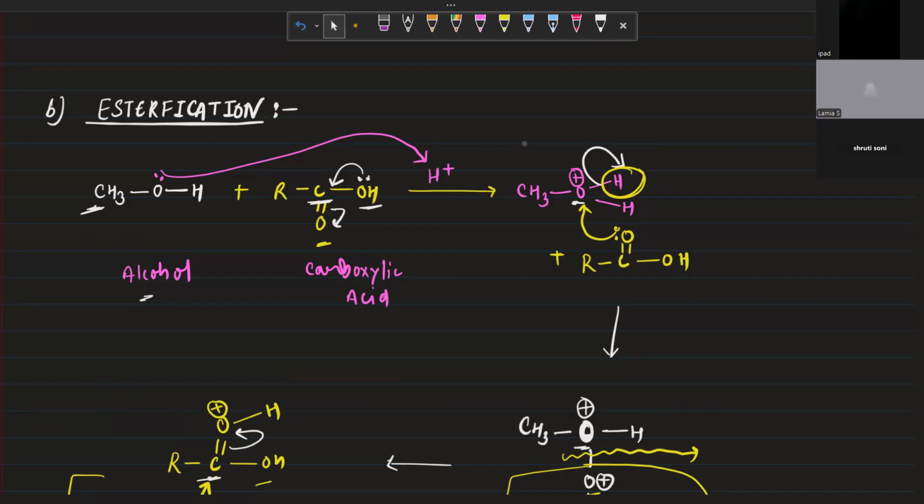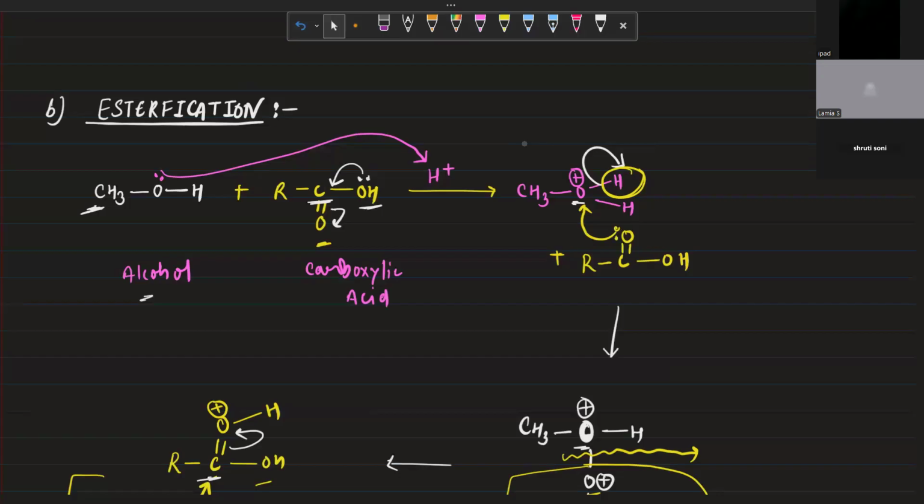I'm asking about the medium. Medium means whether it is acidic or basic. Acidic. Great. So in acidic medium, there is H positive. Why does the carboxylic acid not attack the electrophile, while only the alcohol attacks the electrophile? Because the carboxylic acid has more lone pairs which it can donate to the unstable intermediate.